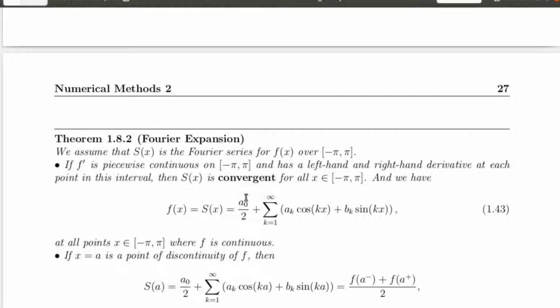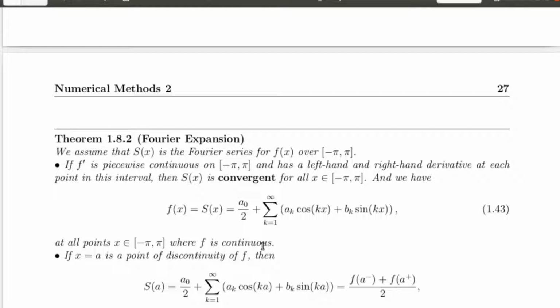So that is, the Fourier series of f of x will converge towards f of x at each point of the interval negative pi, pi. Obviously, this is true for points where f is continuous. But because f is a piecewise continuous function, there might be points of discontinuity.